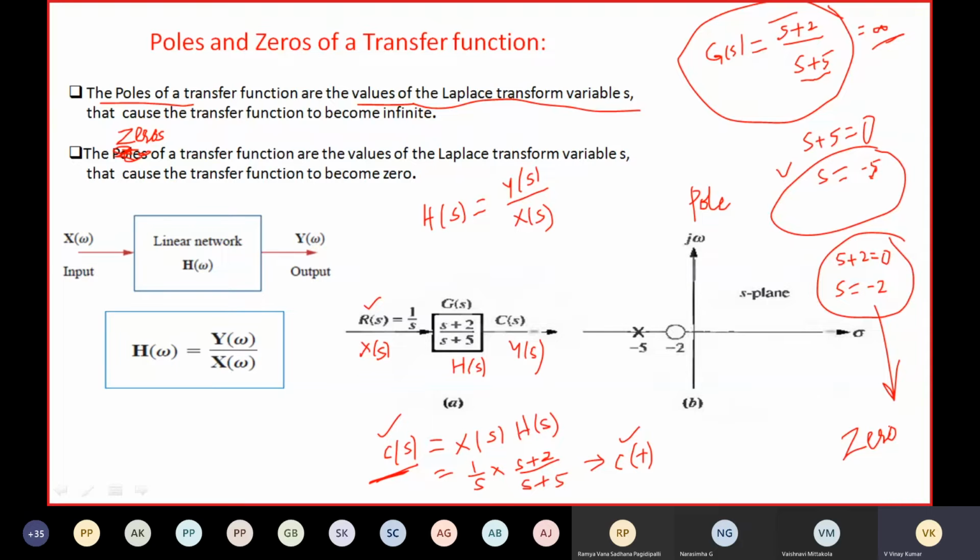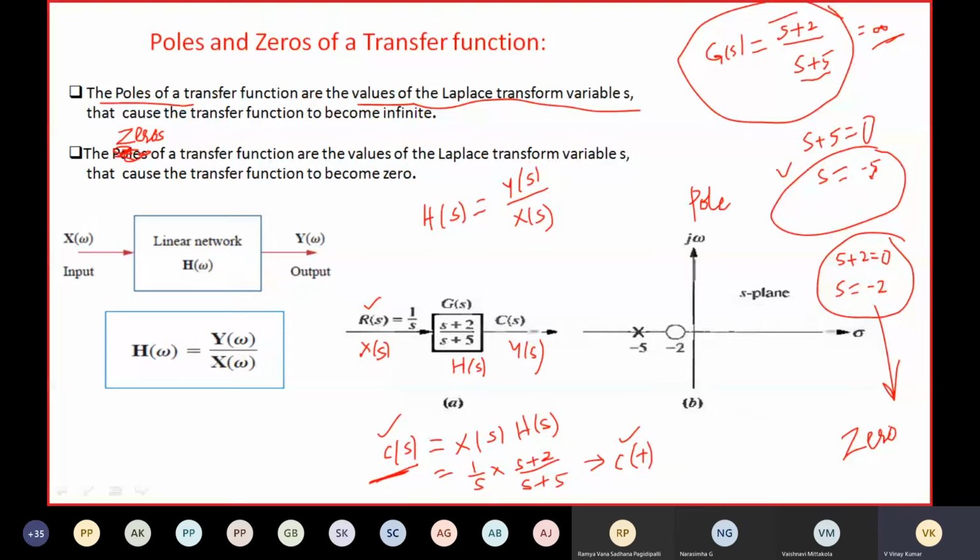If you make that 0, s plus 2 is equal to 0, s is equal to minus 2, and that is the zero.